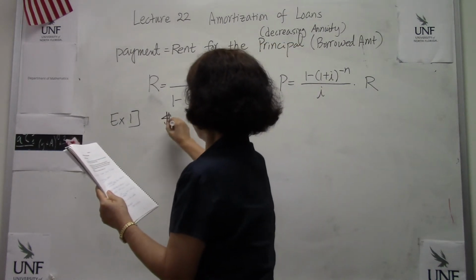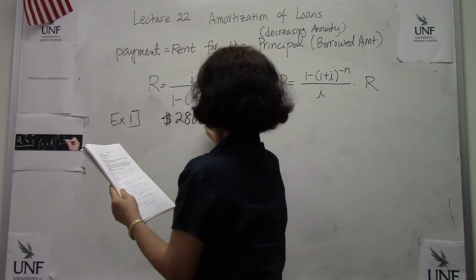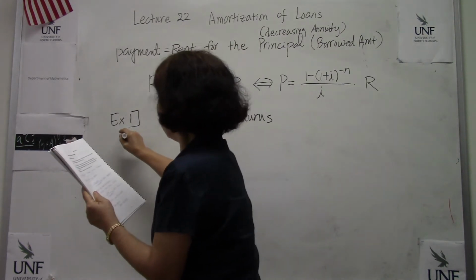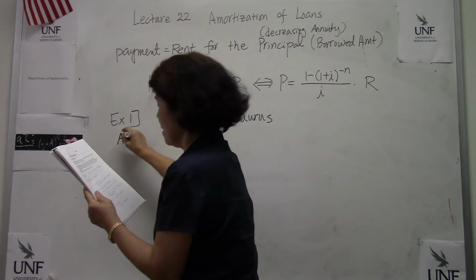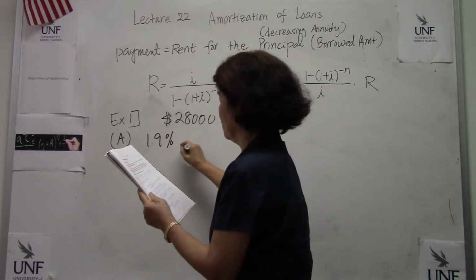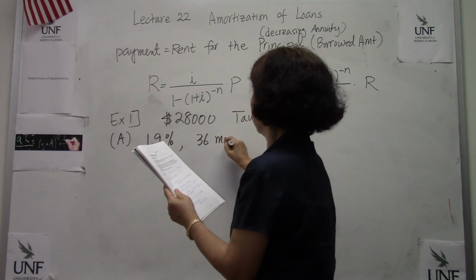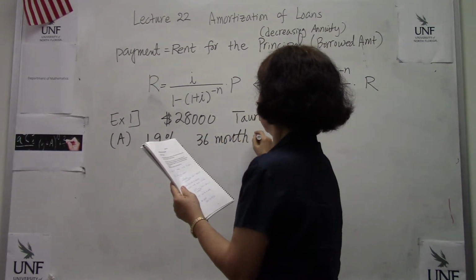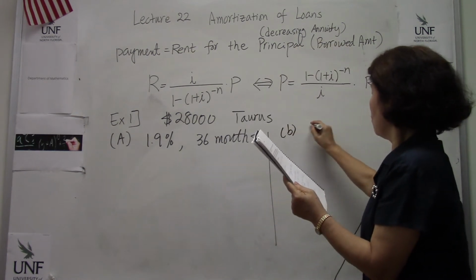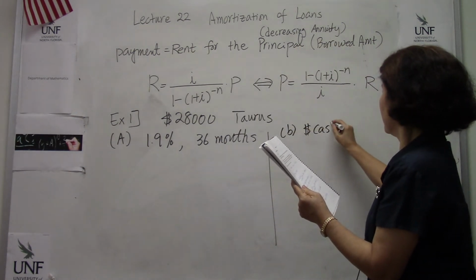Well, it's not too bad, 28,000. You have two options. Option A is that you are going to have a 1.9% loan for 36 months. Option B is $1,000 cash back.